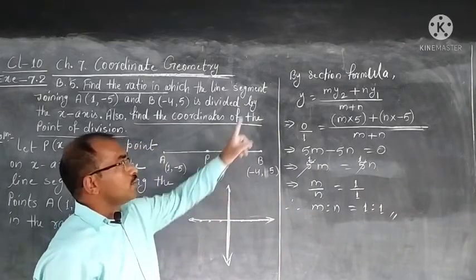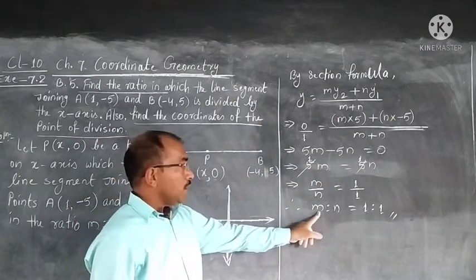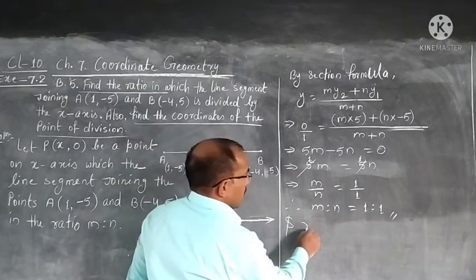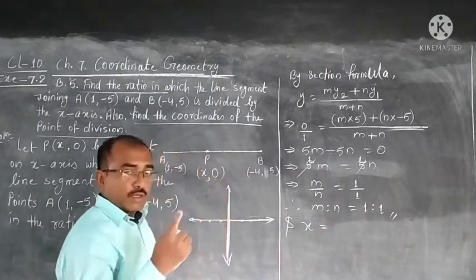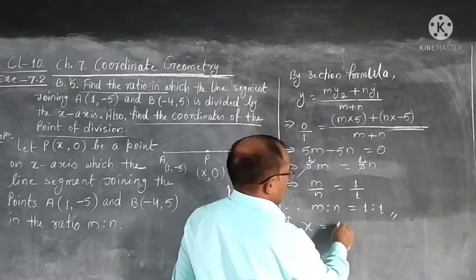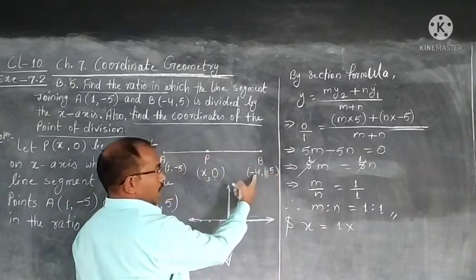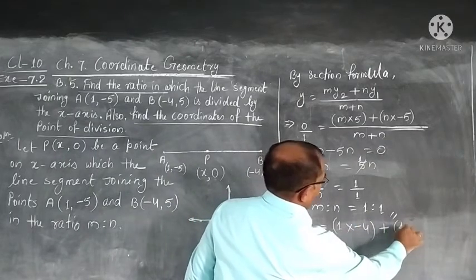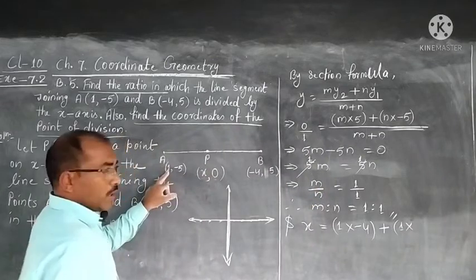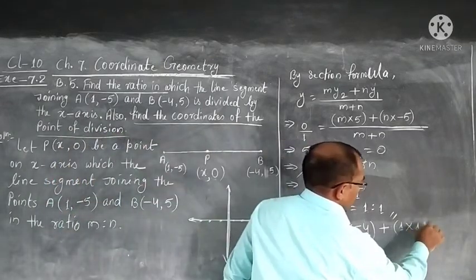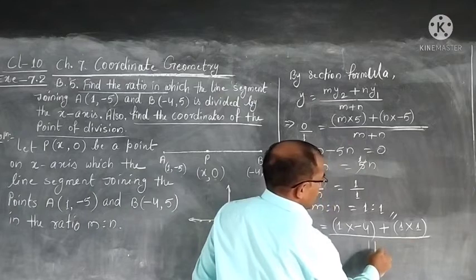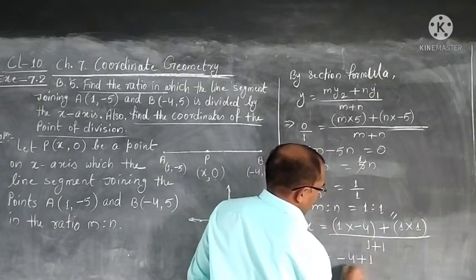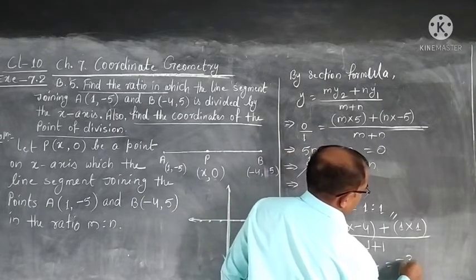The value of y is known, so we got the ratio using y, and now we will find x. x is equal to (m x2 plus n x1) by (m plus n), that is 1 into x2 which is -4, plus 1 into x1 which is 1, divided by 1 plus 1. So we get (-4 plus 1) by 2, which is -3 by 2.